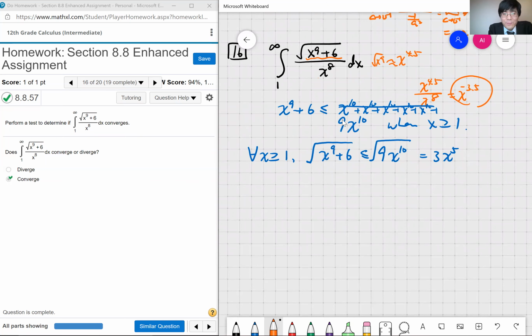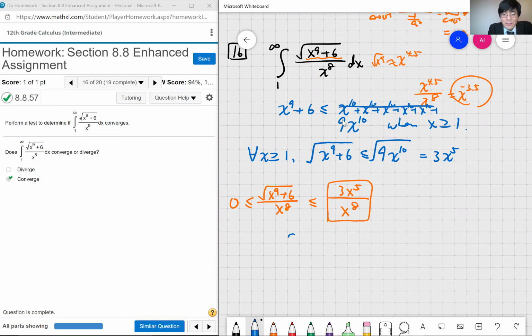So we are going to compare this function to 0 and compare it with this function, because this is easy to integrate.